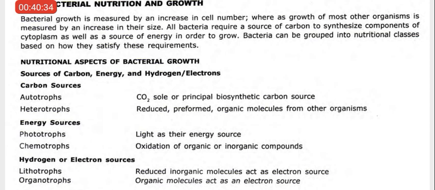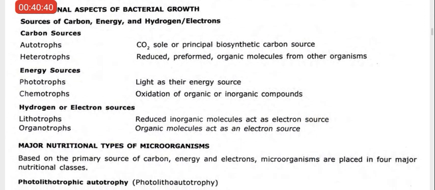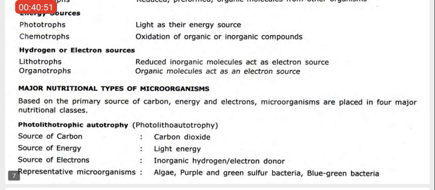Then energy sources: phototrophs, light as their energy source; chemotrophs, oxidation of organic or inorganic compounds. Then hydrogen or electron sources: lithotrophs, reduced inorganic molecules act as electron source; organotrophs, organic molecules act as an electron source.